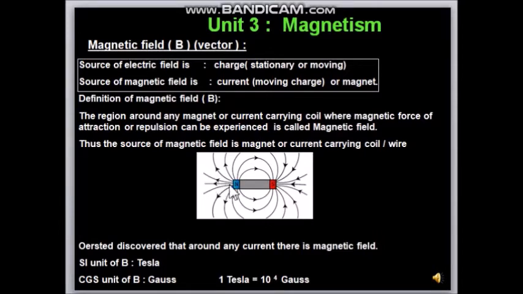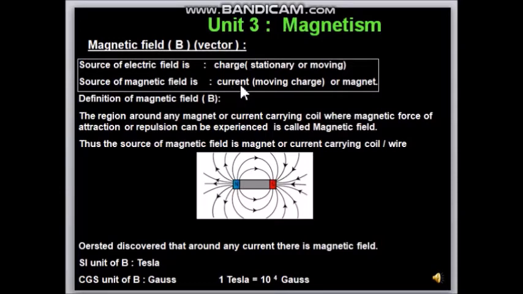That's why the magnetic field lines are outwards. Suppose I keep the North Pole here, then this north will be attracted to the South Pole because these are unlike poles. So the magnetic field lines are towards S. In this manner, we can keep the North Pole everywhere and draw these magnetic field lines. So we have studied already that around any magnet, a magnetic field is present.